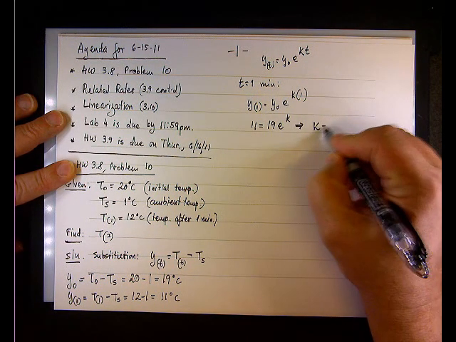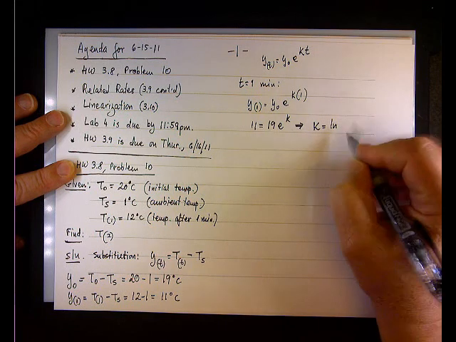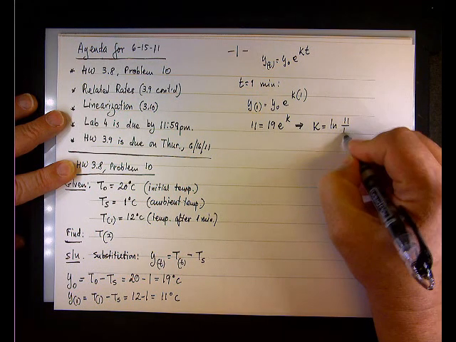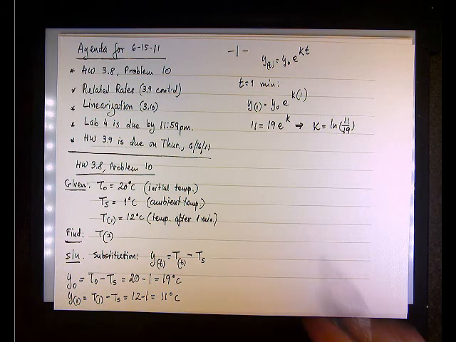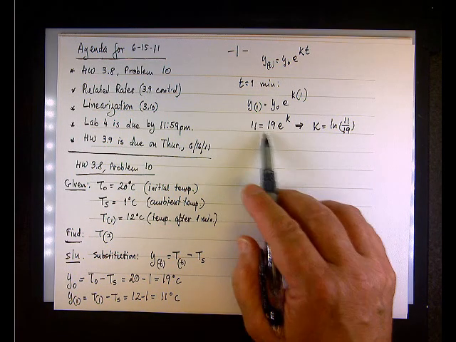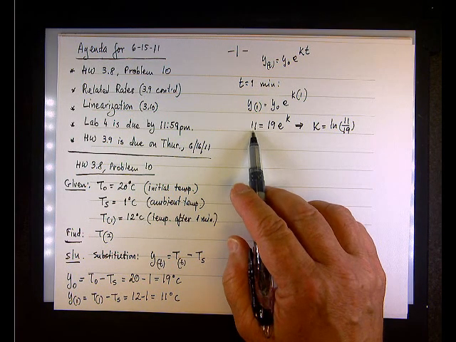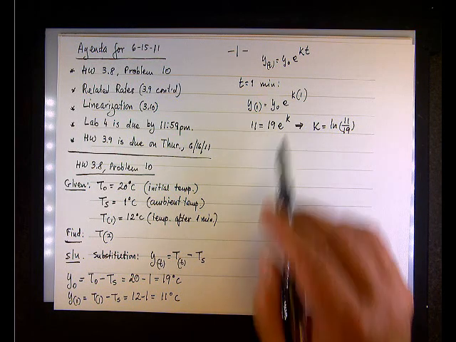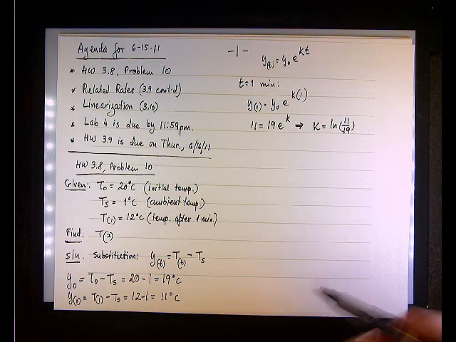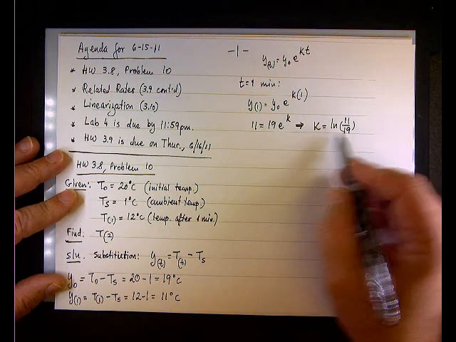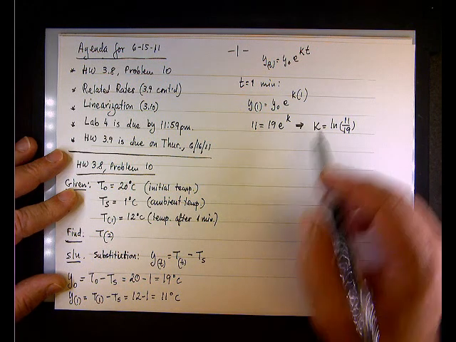If you divide by 19 and apply the natural log, you end up with k equals the natural log of 11 over 19. Again, what I did here, I divided by 19, so I have 11 over 19 on the left, e to the power of k on the right, applied the natural log, and came up with the value for k.